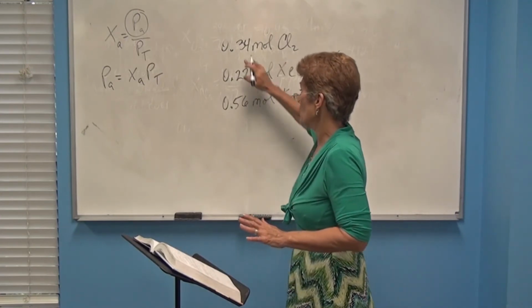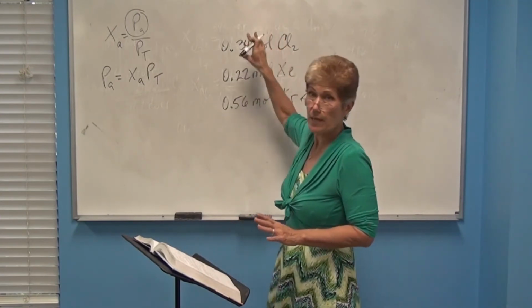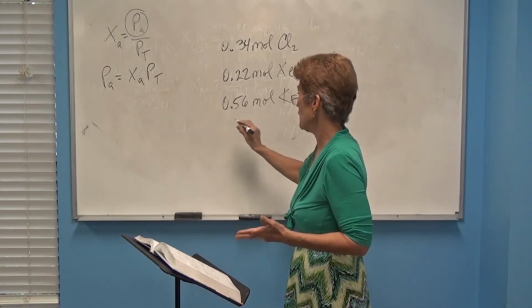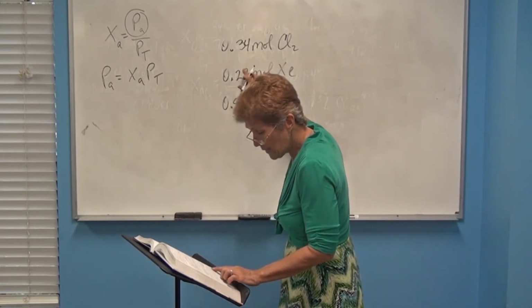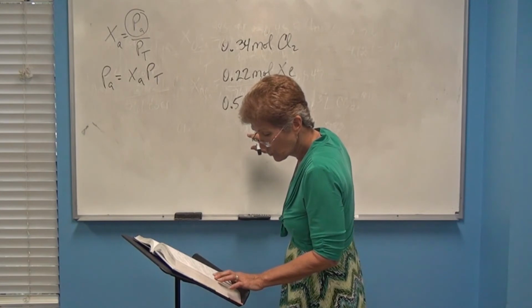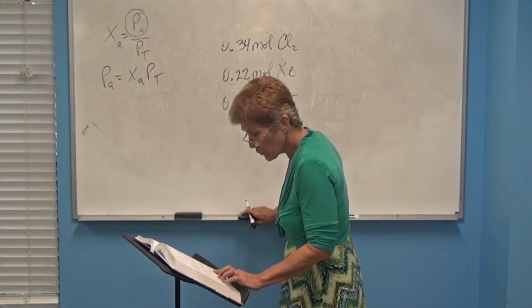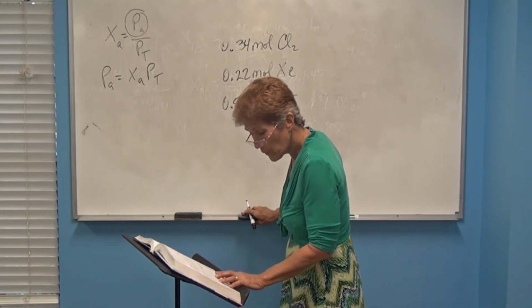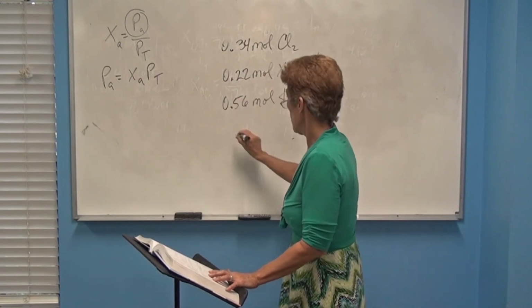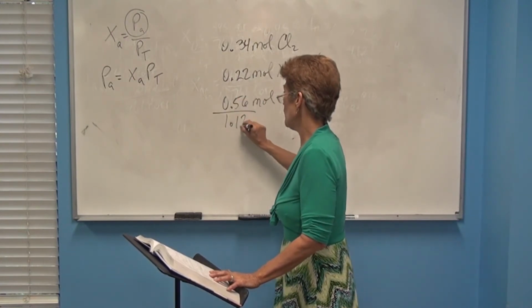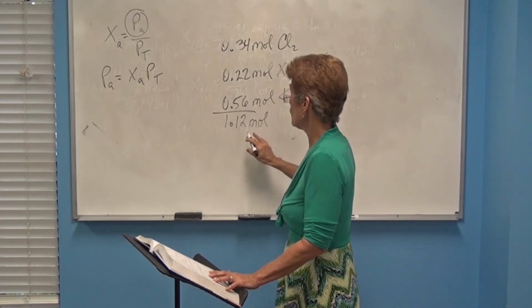So to find the mole fraction, you'd get the total because it'd just be this divided by the total will give you the mole fraction. Very easy stuff. And so if you add these up, it ends up being 1.12 moles. That's the total number of moles.